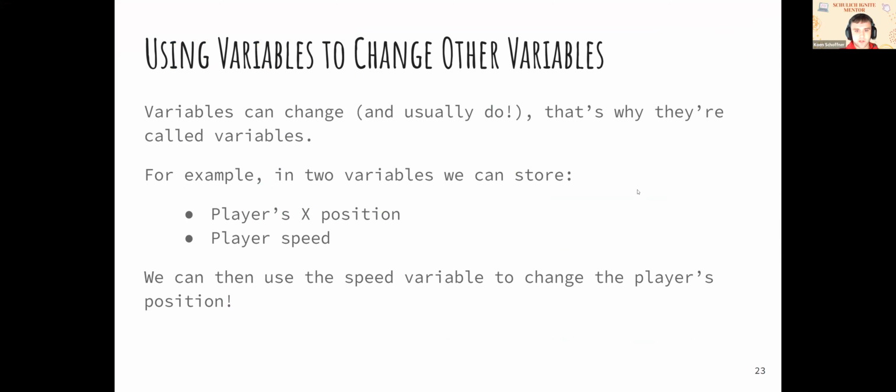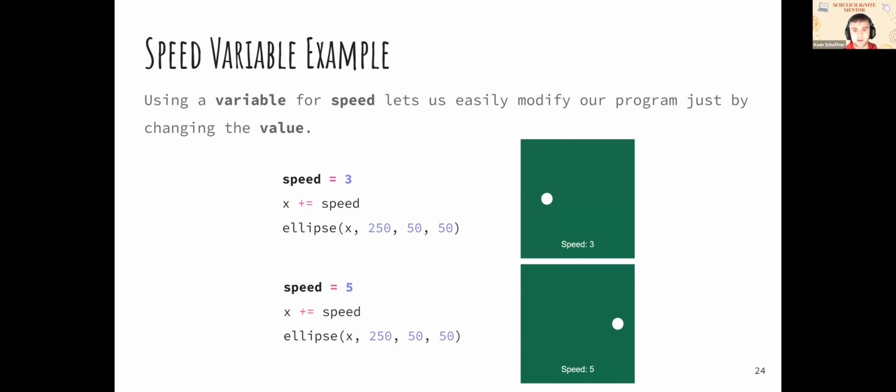Again, you can use variables to change other variables, as we saw before. For example, with two variables, if we store the player's x position and the speed, and we want to change how fast the character moves, we can just change the speed. This is an example of how you'd use a speed variable.